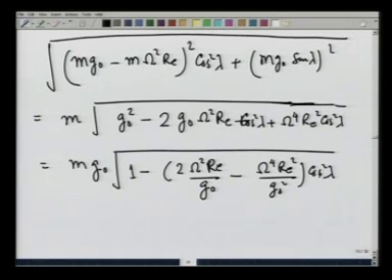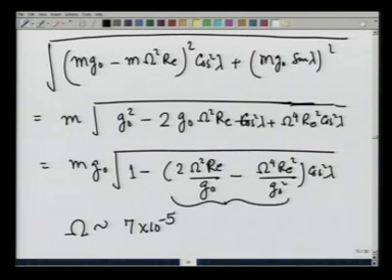So you see that the gravitational pull is slightly reduced because of the rotation of the earth. The effect is very small because omega is of the order of 7 times 10 raised to minus 5. To be precise, it is actually 7.3 times 10 raised to minus 5 radians per second.